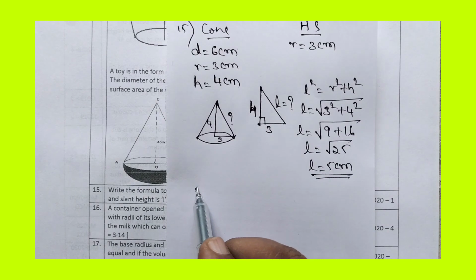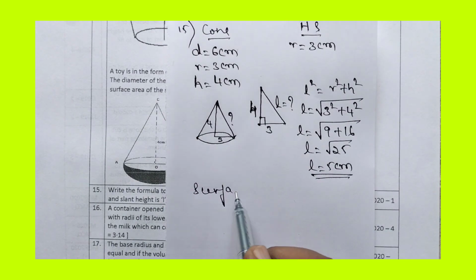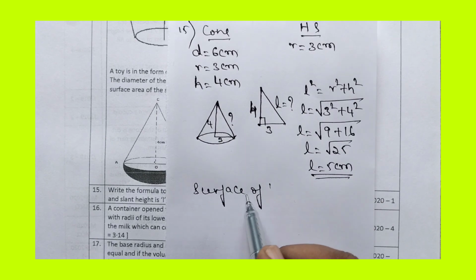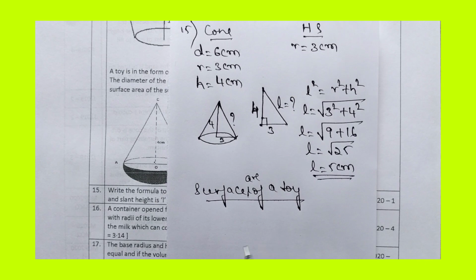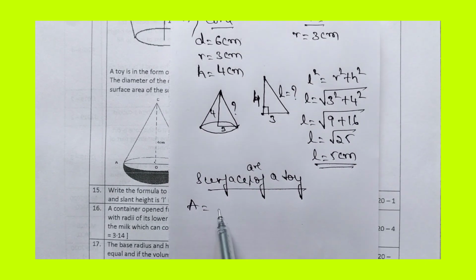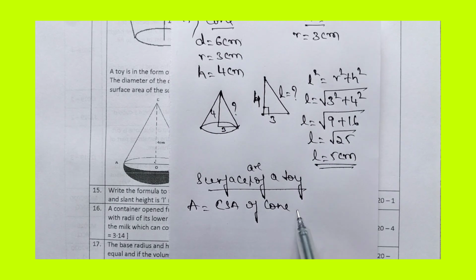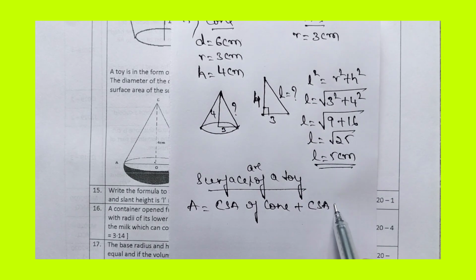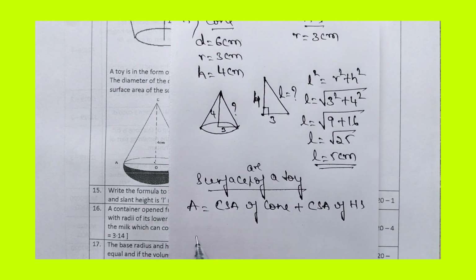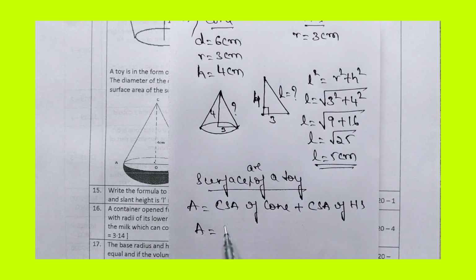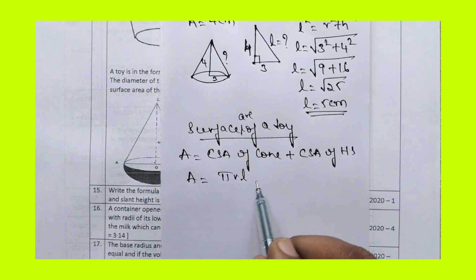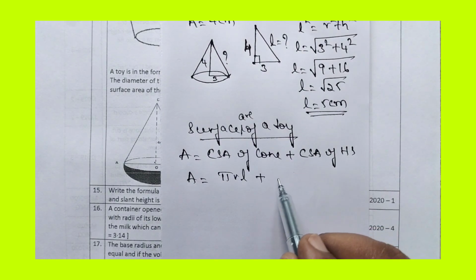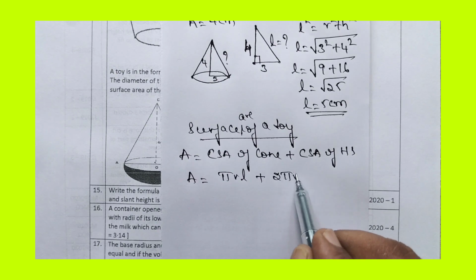So now let us find out the surface area of a toy. To find the surface area of a toy, surface area is equal to CSA of cone plus CSA of a hemisphere. CSA of a cone is given by pi r L, plus curved surface area of hemisphere is 2 pi r square.